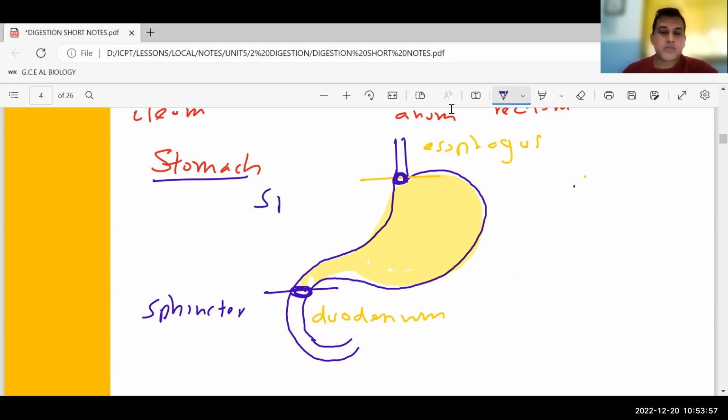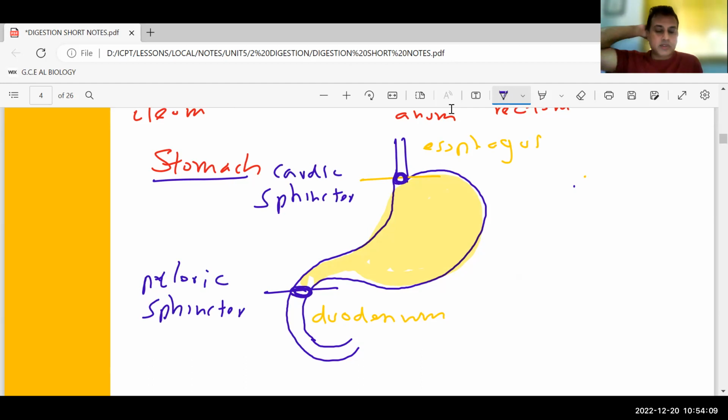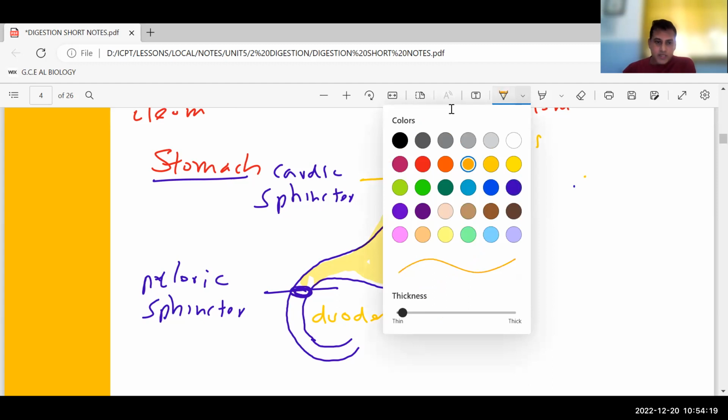This is also a sphincter. This sphincter is called the cardiac sphincter, and this one is called the pyloric sphincter. So both are made out of smooth muscles.